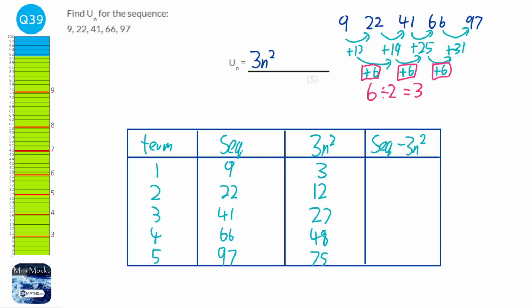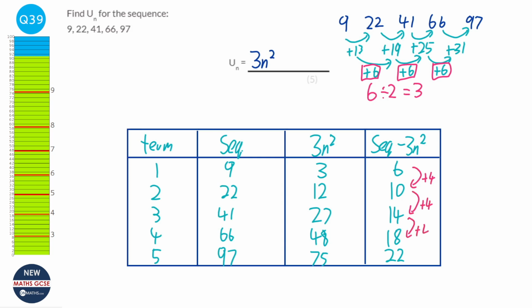So 9 take away 3 is 6, 22 take away 12 is 10. So they're not the same with this. 14, 18, 22. Now what do you notice? Well, we notice that these ones here are going up in 4s. So we've got a linear sequence here. So they're going up in 4s.